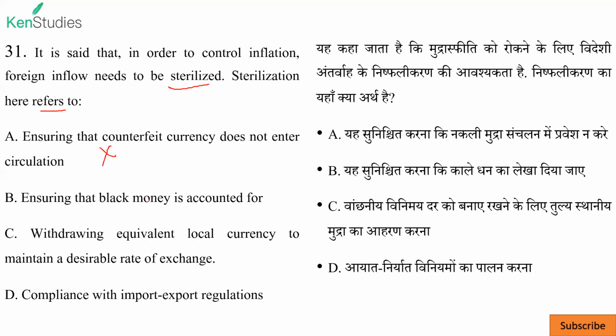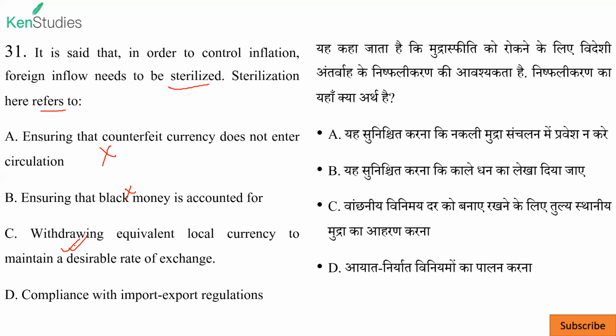Ensuring that black money is accounted for. In fact, both are moving in the same direction. Next, option C, withdrawing equivalent local currency to maintain a desirable rate of exchange. Yes, it is sterilization. If foreign flow is coming in, you have to keep sterilization. If there are more rupees in the Indian economy, then inflation will be high.